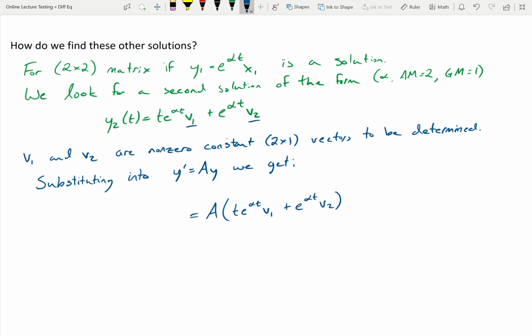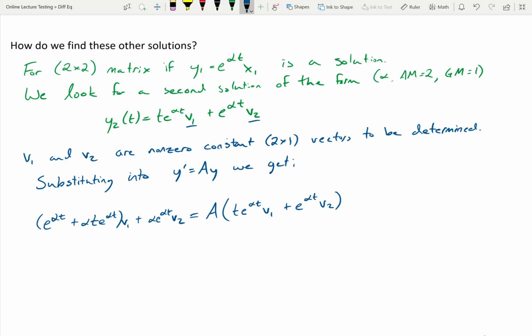On the left-hand side, we have the derivatives, because this is y prime. All right, so here I've got to be careful on spacing, and I should have done this first. e to the alpha t, plus alpha t e to the alpha t times v1, plus alpha e to the alpha t v2.